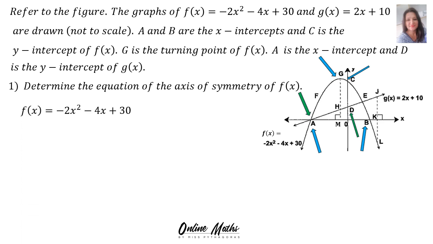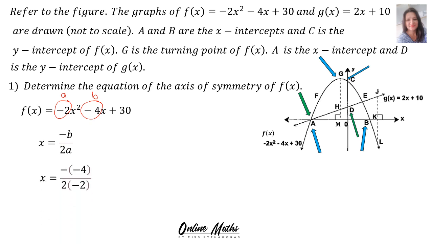So we will start with writing down the equation of the parabola, and then a's value is the coefficient of x² and b's value is the coefficient of x. We have a formula, x = -b/2a, and that is the formula that will give us the x-coordinate of the turning point, in other words, the equation of the axis of symmetry.